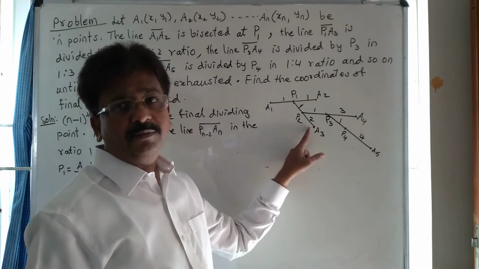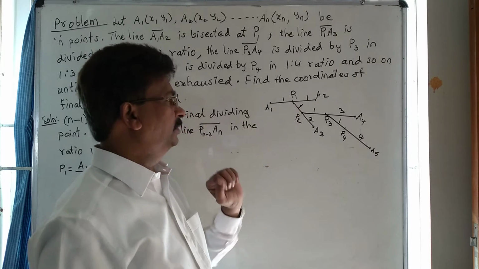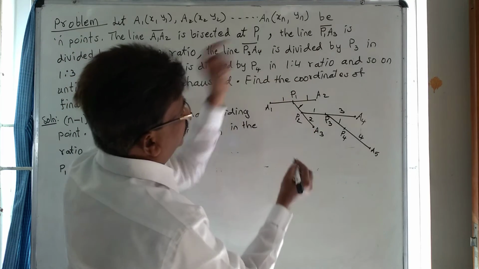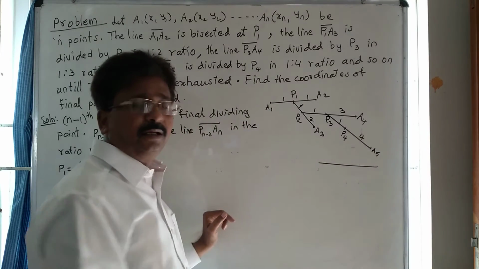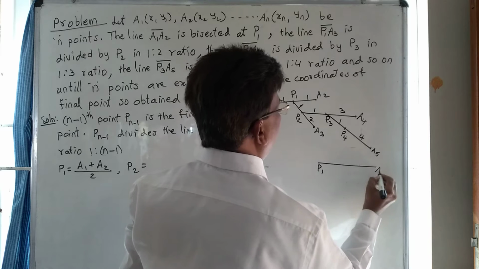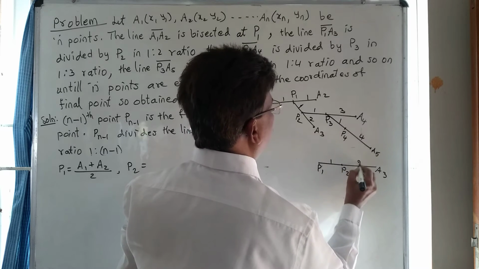On the P1 A3 line segment, it divides in the ratio 1:2. Therefore, P2 is equal to 1 into A3. Is there any confusion here? P1 and A3, so P2 divides 1:2.